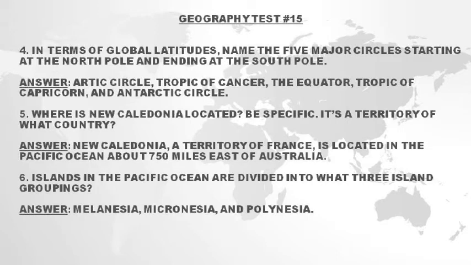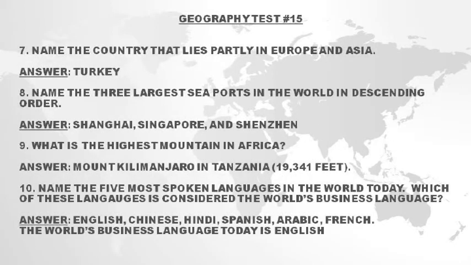The answer is Melanesia, Micronesia, and Polynesia. For example, Hawaii, part of the United States, is in Polynesia. Question 7. Name the country that lies partly in Europe and Asia. The answer is Turkey, which is a Middle Eastern country.